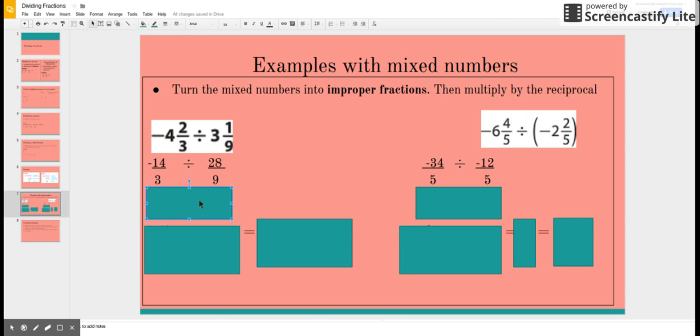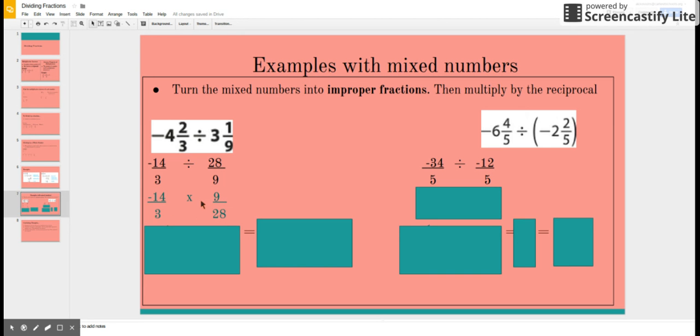Then I'm going to multiply by the reciprocal. So my new problem is going to be negative 14 thirds times 9 over 28. All I did was flip this fraction, and I also changed the operation. So now I have to solve this problem. I see right away I can cross cancel my 14 and my 28. GCF would be 14, right? 14 goes into 14 once, 14 goes into 28 twice, and then same thing here.